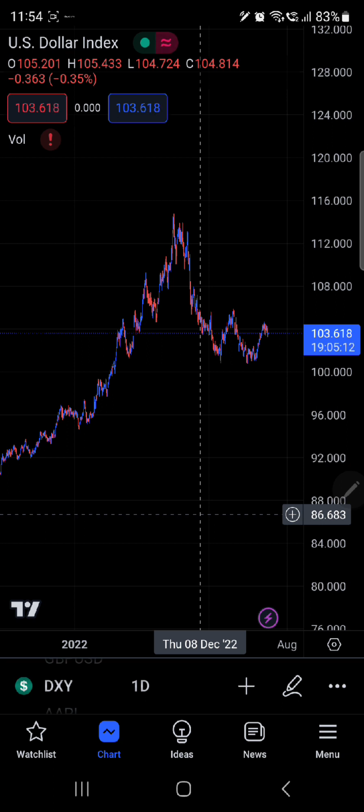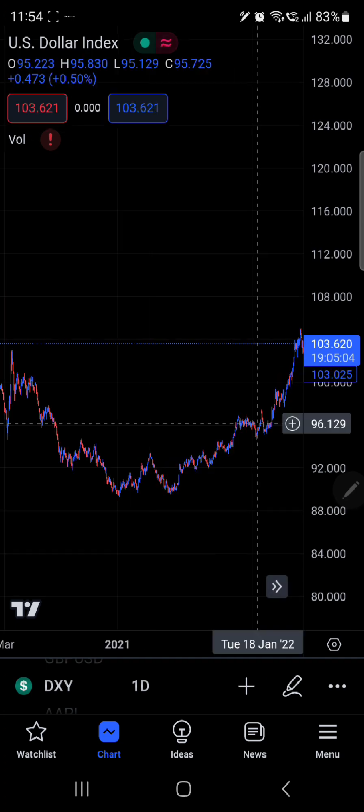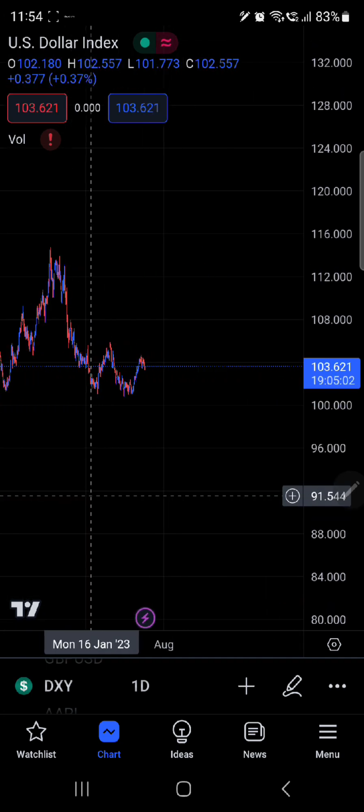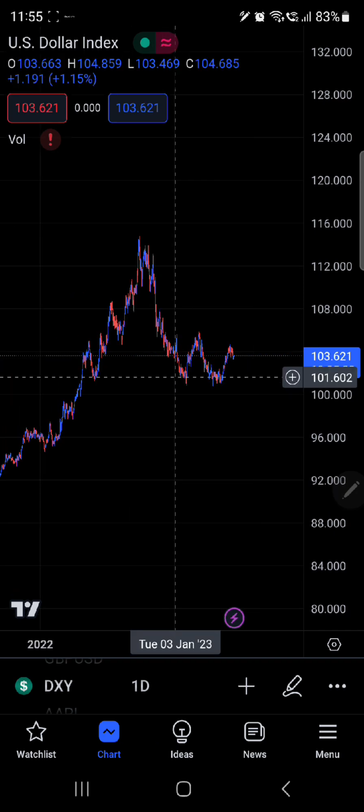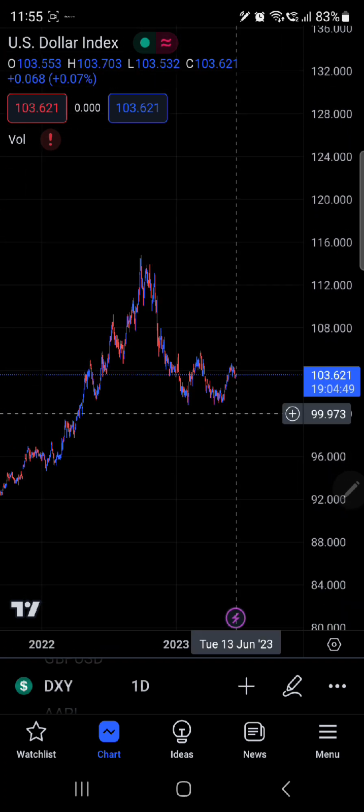The US dollar index represents how strong the US currency is right now. These are all the ingredients from US stocks, US bonds, US capital equity, everything to do with the US is combined here to show you how strong the US dollar is right now.